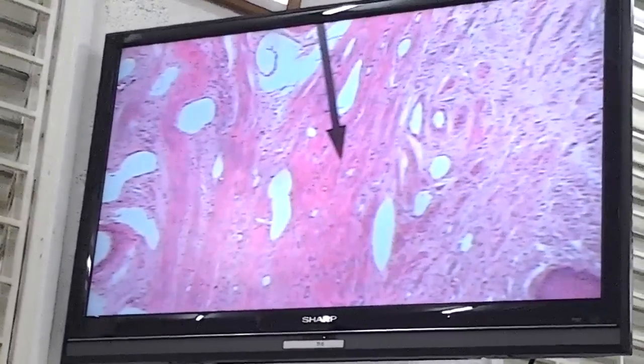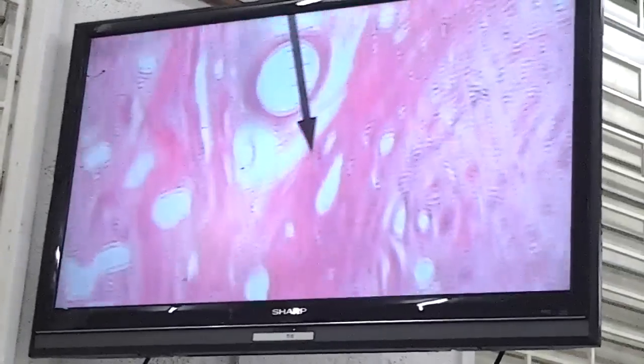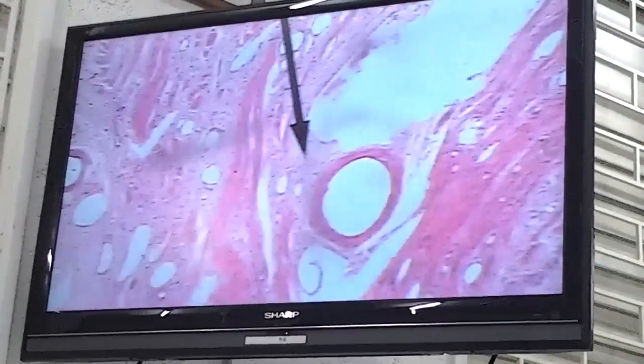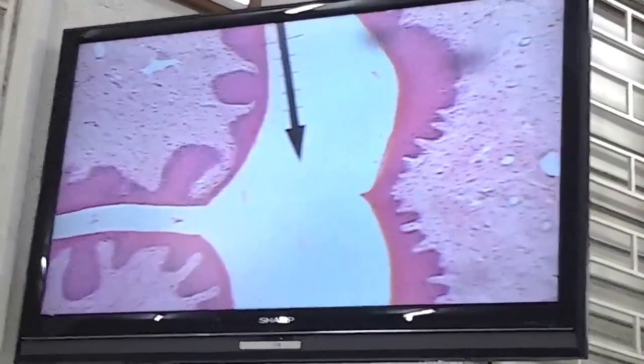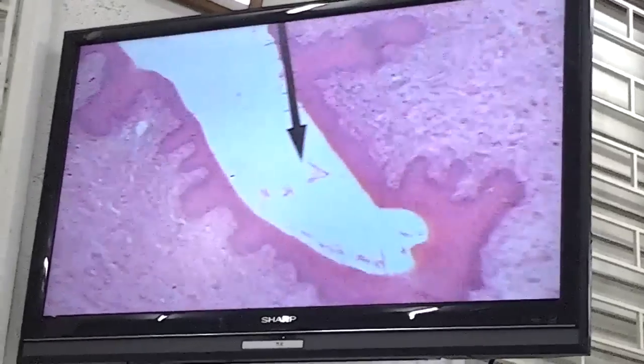You notice there are no glands. The urethra may have some glands, but in the vagina, definitely there are no glands.